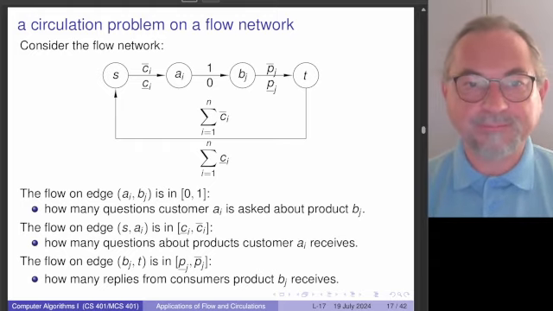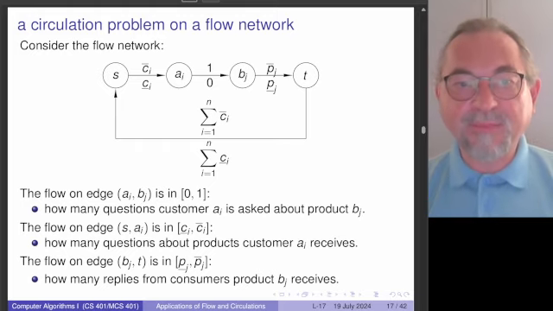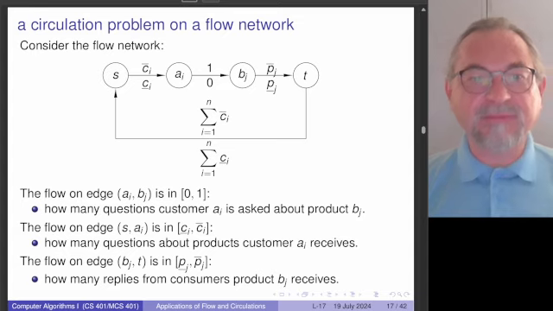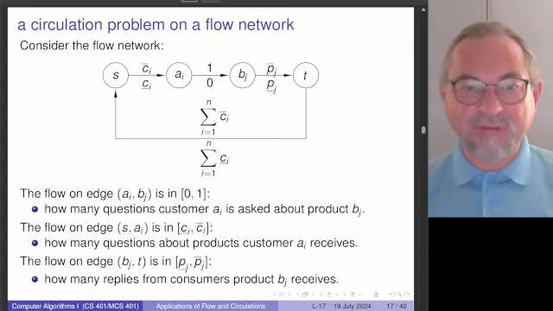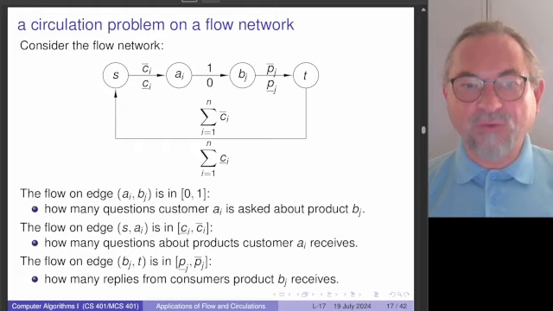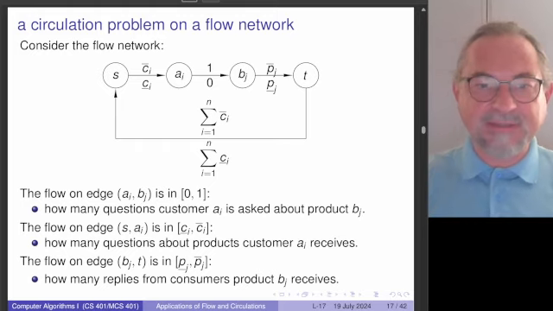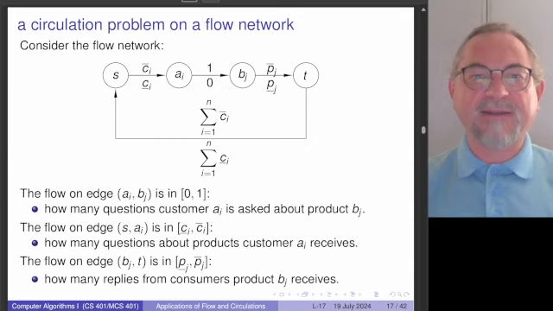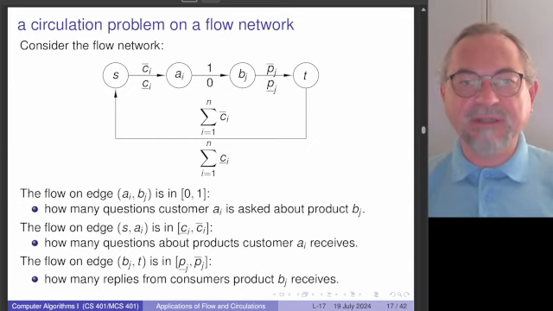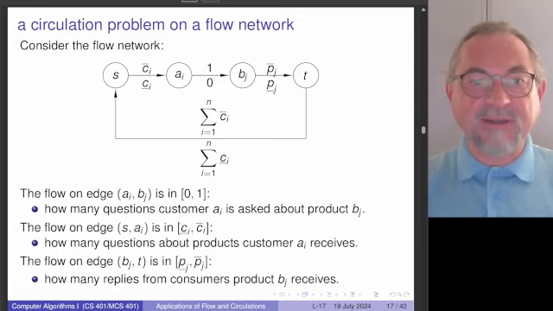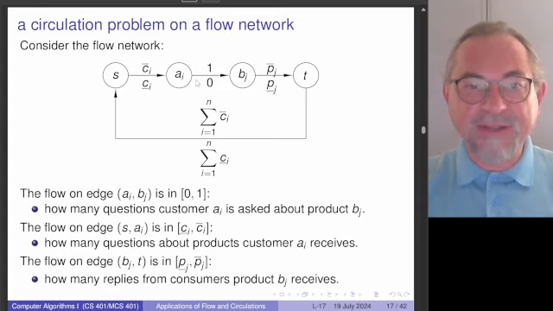And then we have the replies for the product, which will be directed to the sink. And it is a circulation problem. We add up all the upper bounds for the customer questions and all the lower bounds, and that is circled back to the source. So you can see that there is conservation here.